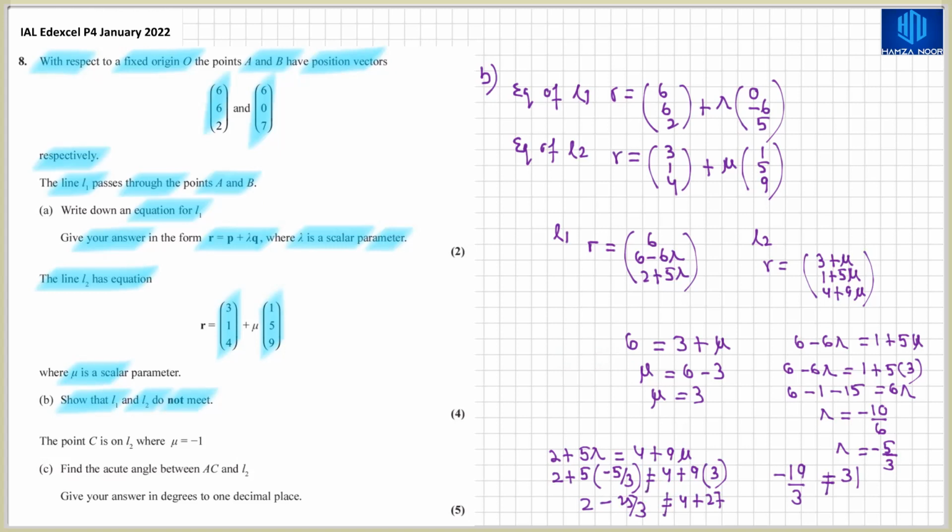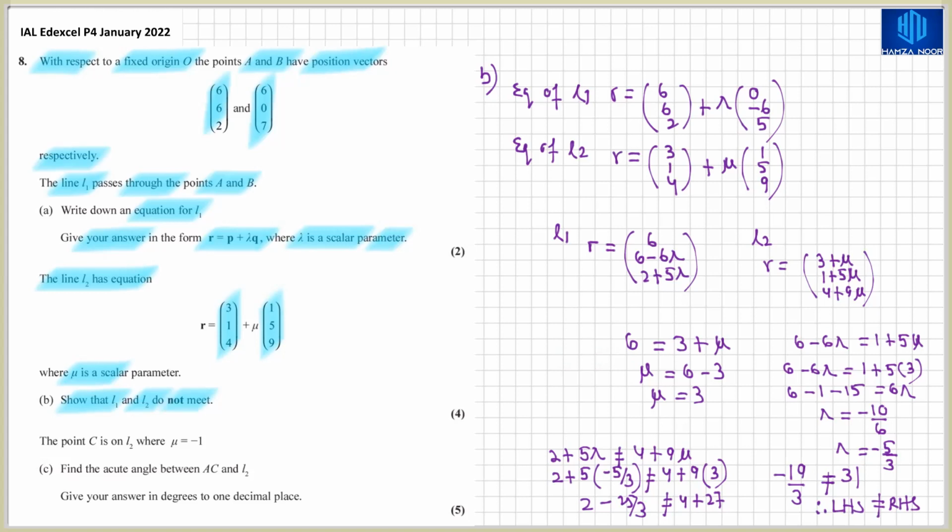So now I'm going to make a sign like this, and therefore I'm going to say left hand side is not equal to right hand side. So this essentially means that these two lines have no point in common. They don't have any point of intersection.